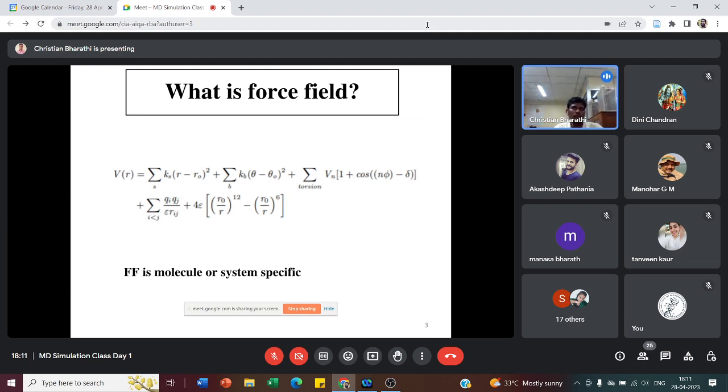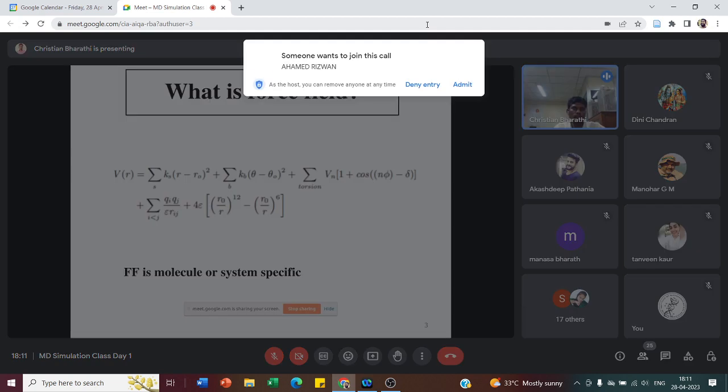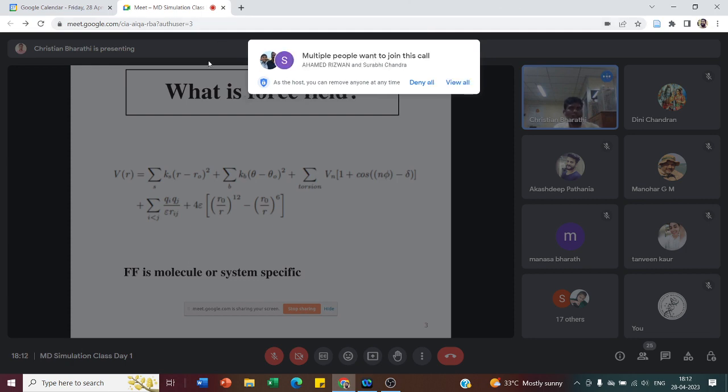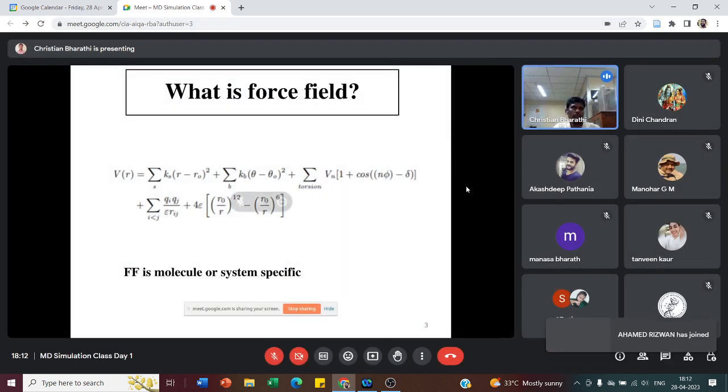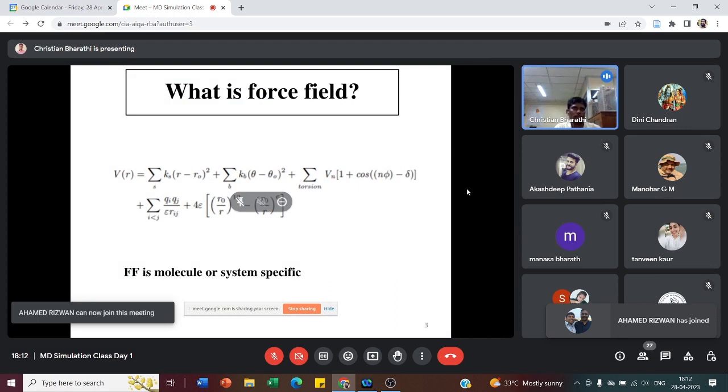It calculates the potential energy of the molecule, and it has many forces, as it constitutes bond length, bond angle, torsional angle, electrostatic forces, and van der Waals forces. All these molecular interactions are calculated using the force field.